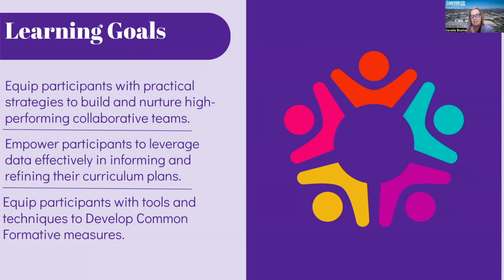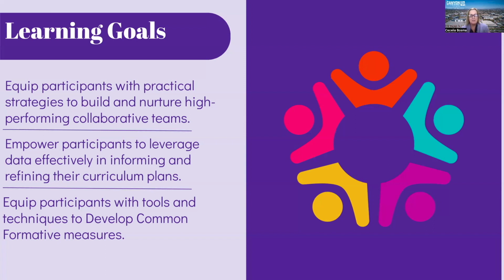These are some learning goals that we have for this time. We want to share some practical strategies that will help to build and nurture a high-performing collaborative team. No matter where you are in the scope of working on a collaborative team, this is going to either help build it or strengthen what you've already got in place.